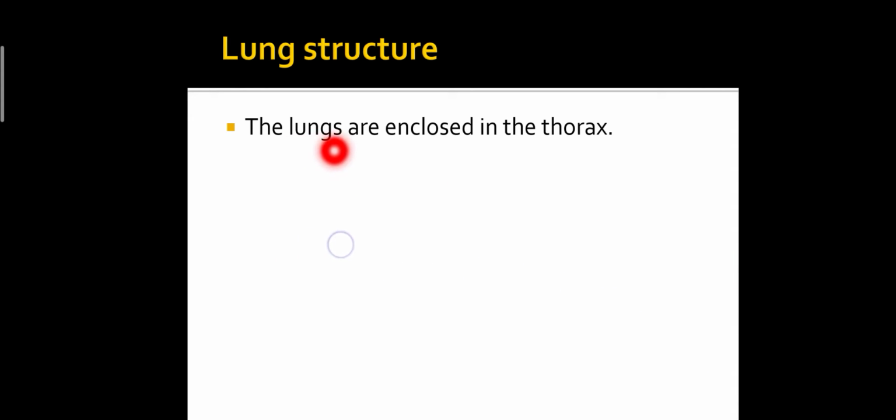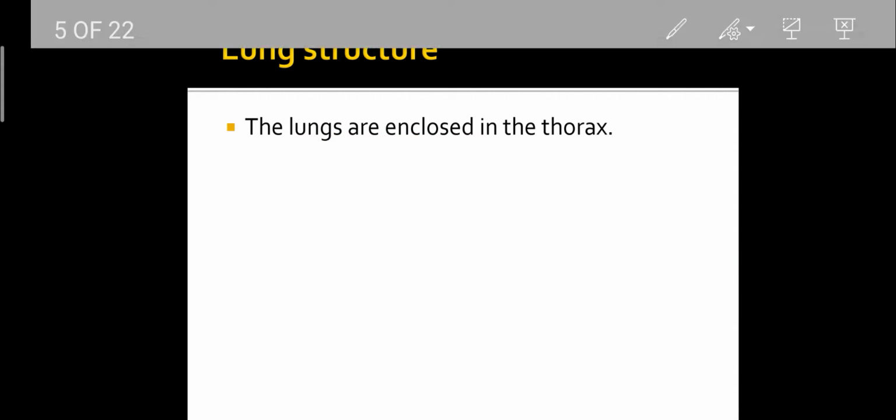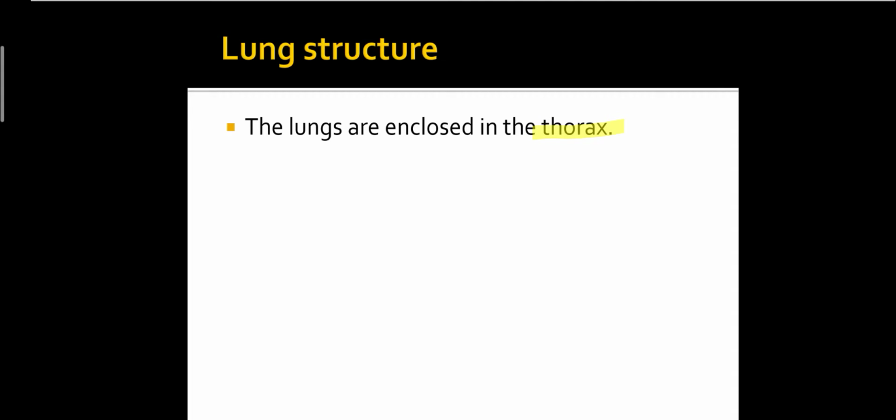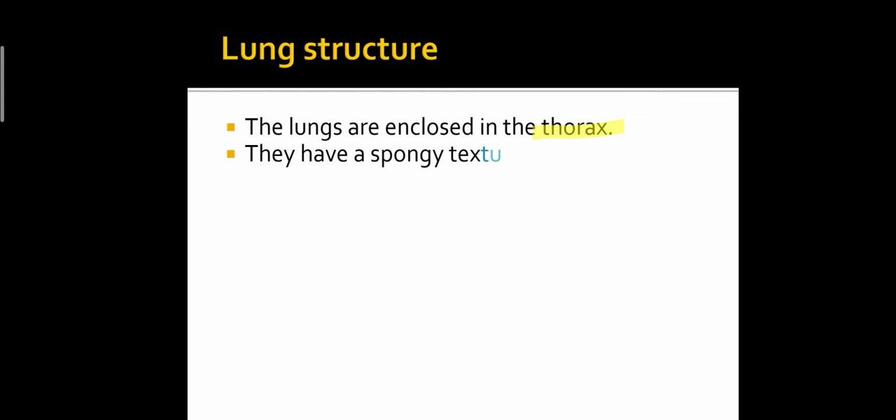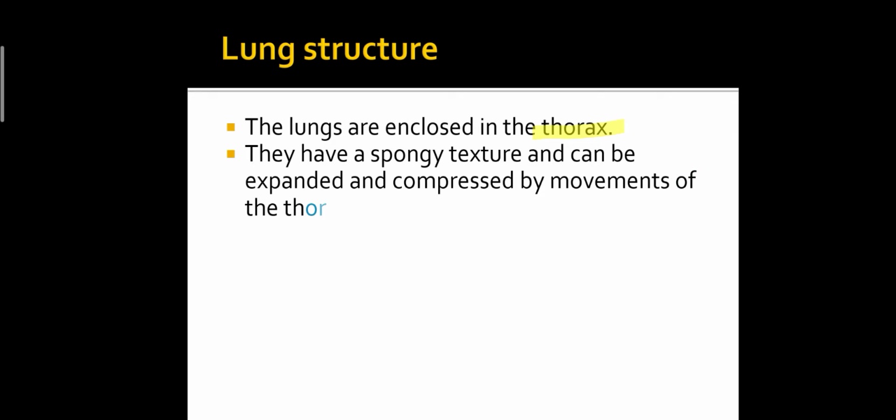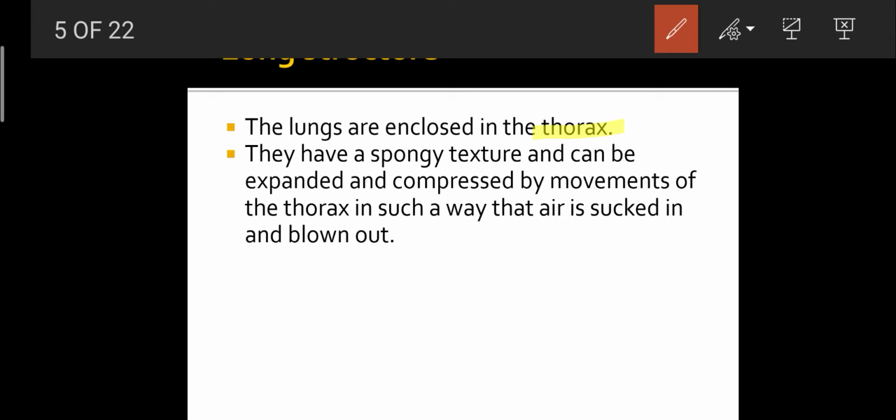As we know, the lungs are enclosed in the thorax. Lungs have a spongy texture and they can be expanded and compressed by the movement of the thorax in such a way that air is sucked in and blown out.